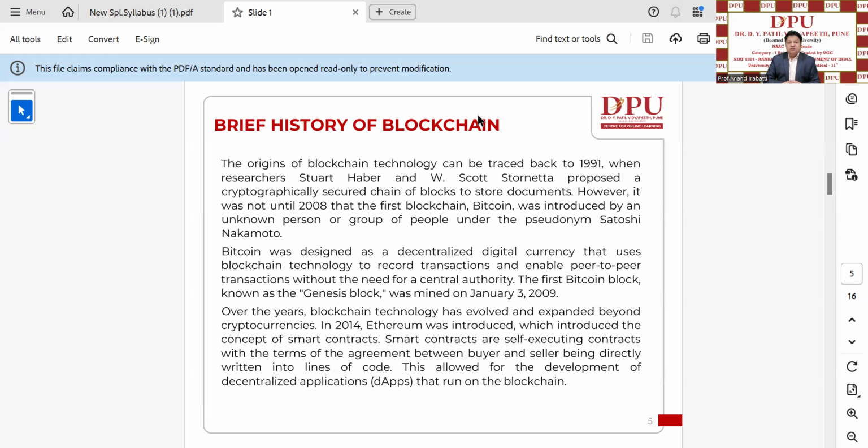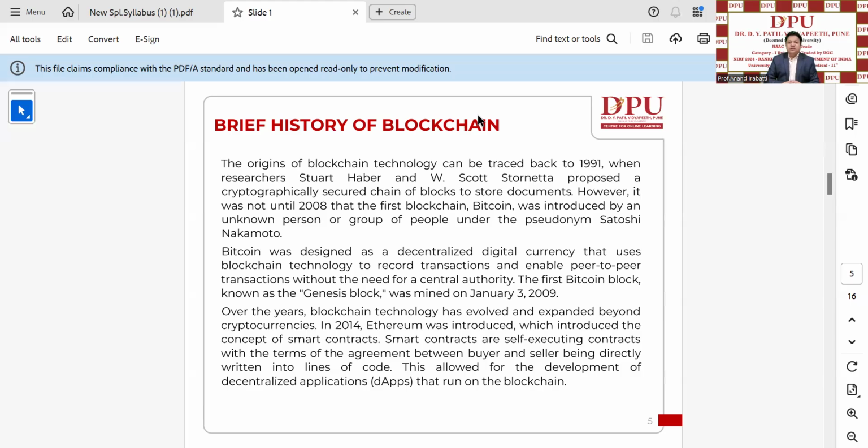That has revolutionized how blockchain operates. Smart contracts are self-executing contracts with the terms of agreement between the seller and the buyer being directly written into lines of code, into a computer program.